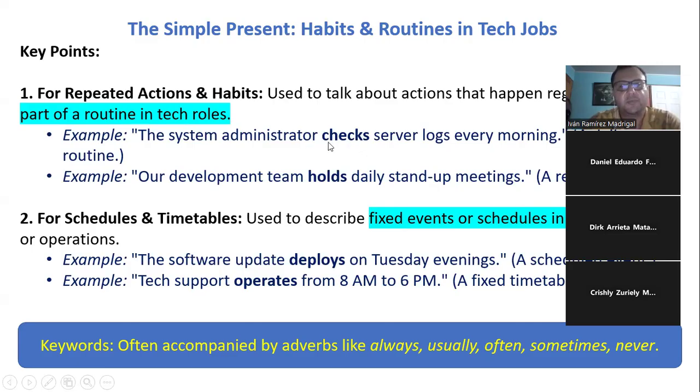This is like a job description, a role description for a job title, right? The system administrator checks server logs every morning. That is what he does. If we review this with the two other filters, this is something that happens this way, right? It's stable, as this is the stable role for this job title.